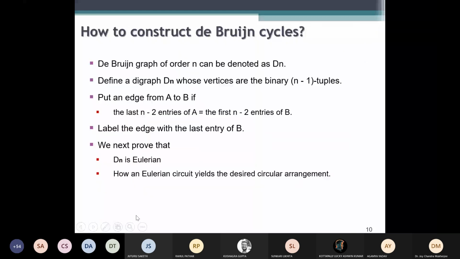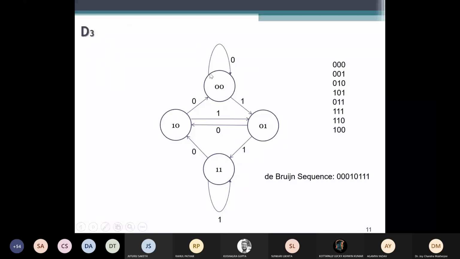For this graph I will do a traversal. I don't know where I started, so let's say I start from here.